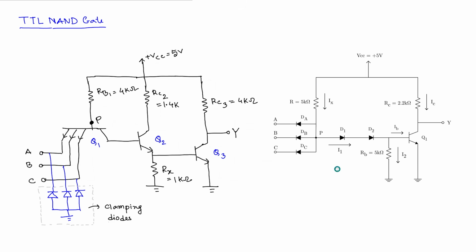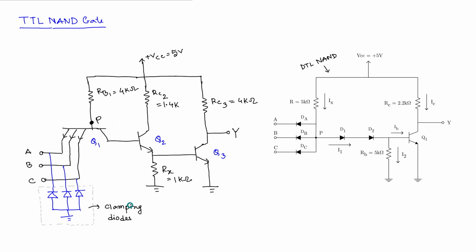This is one example of a DTL NAND gate. How that relates to the circuit we have here, and why we have modified the circuit from DTL to this version, we will try to understand.